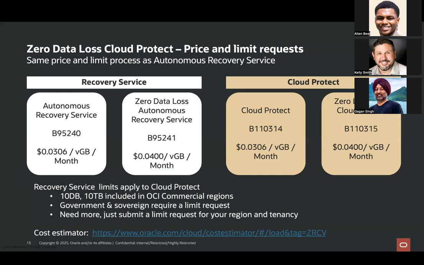And you'll see the same thing for Cloud Protect, where it is 3 cents, and then 4 cents for the actual zero data loss feature applied there. So again, it doesn't matter which device you're coming from, you're getting charged the same amount.